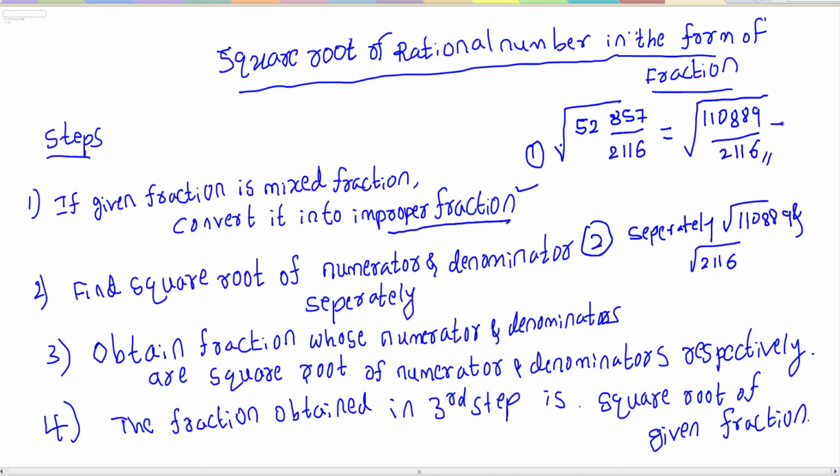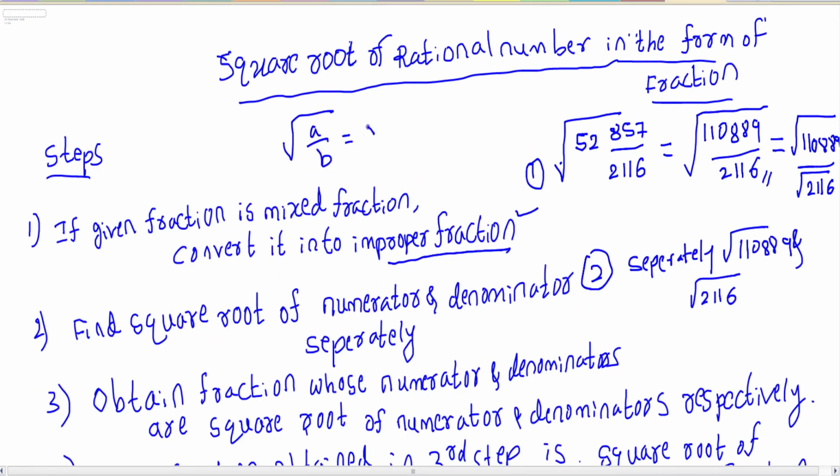See, this can be written as square root of 110889 divided by square root of 2116, because the formula of square root of a by b is equal to square root of a divided by square root of b.